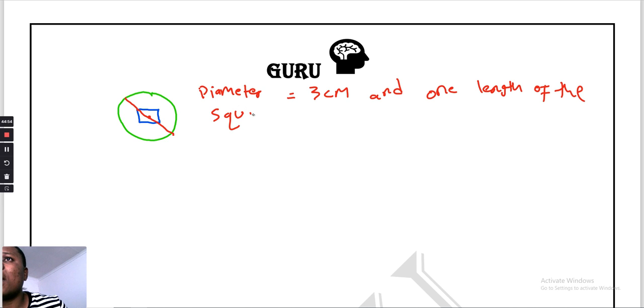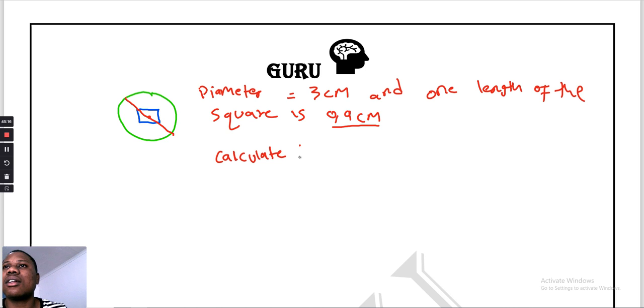One length of the square is 0.9 centimeters, meaning that one side here, because this is a square, is 0.9 centimeters. Okay, so the question now says calculate the area in centimeters squared. So how can we calculate the area of this coin in centimeters squared?